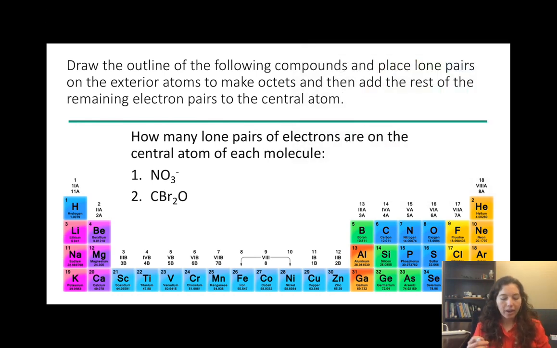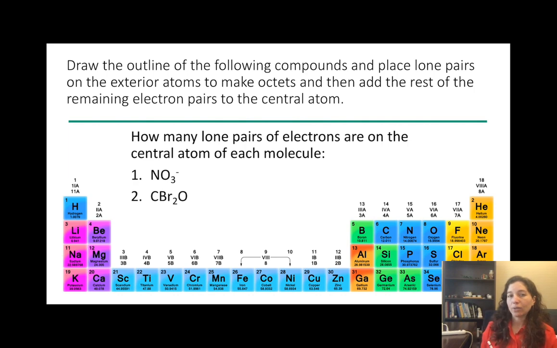So see if you can take these structures that you've created the skeletal structure for and place lone pairs around each of the exterior atoms first, and then work your way to the center. So you'll want to use the information from the previous problems that you completed in order to complete this one.